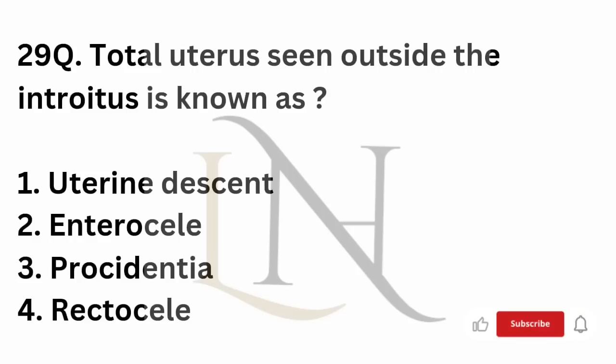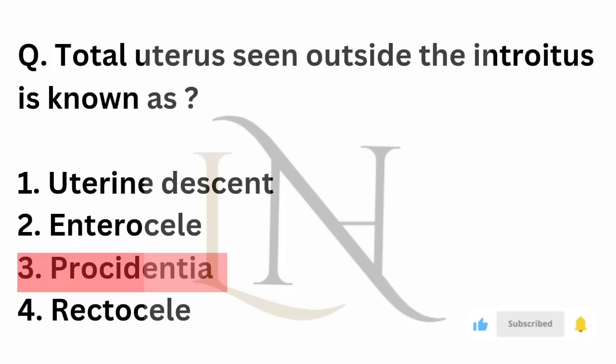Total uterus seen outside the introitus is known as: Option 1, uterine descent. Option 2, enterocele. Option 3, procidentia. Option 4, rectocele. Answer is option 3, procidentia is the correct answer.